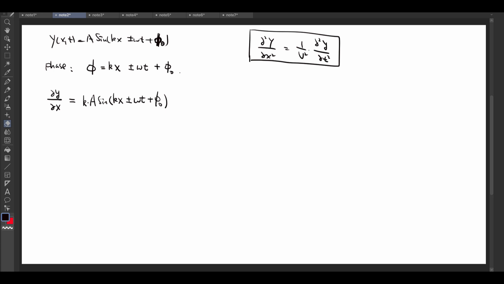The sine becomes cosine. Now the second derivative of y with respect to x becomes, now we bring out another k here, so negative k squared A sine of kx plus or minus omega t plus phi naught.